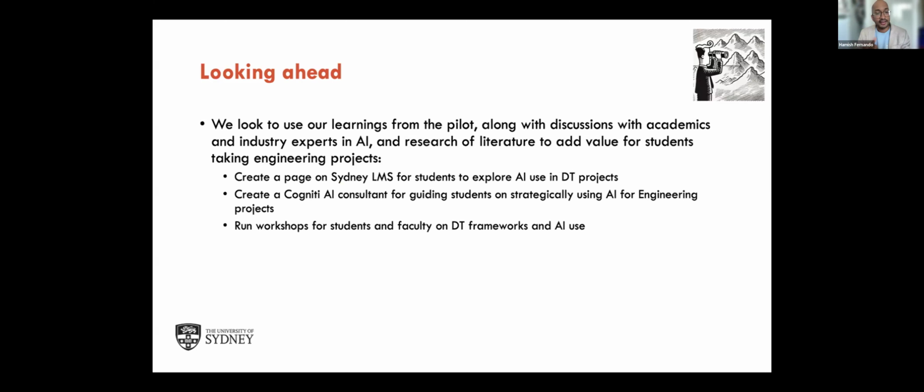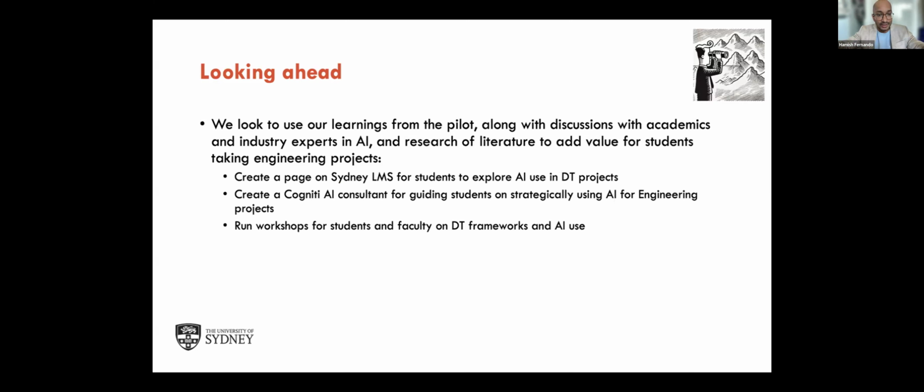First of all, create a Canvas page that details how to utilize AI for various stages of design thinking. That way, other academics and coordinators will have to spend less time going over all this during their teaching process, because it'll all be there.